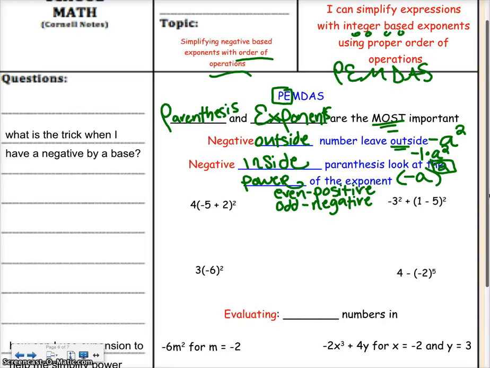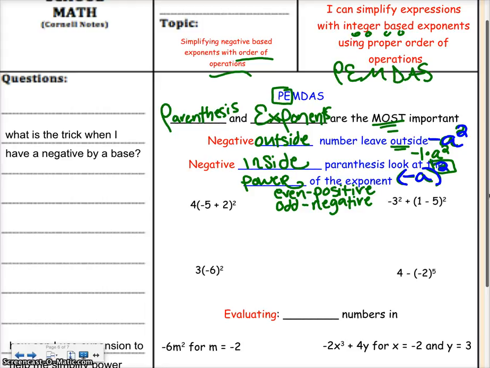Okay? So you have two situations. The negative is outside or next to the number. That's like this one, negative a squared, which is negative 1 times whatever a squared is. Or the second situation, you can have the negative inside the parentheses, like this, negative a to the power. Here we have the power being 2.